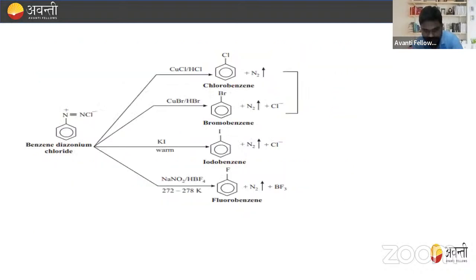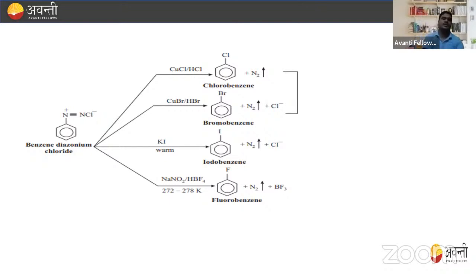Good. Now, here we can also show that we can prepare four things from our BDC. When you treat BDC with CuCl, you'll get chlorobenzene plus N2. Similarly, when you treat BDC with CuBr you'll get bromobenzene plus N2 plus Cl negative.